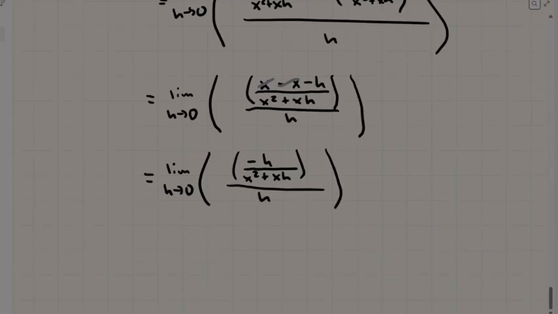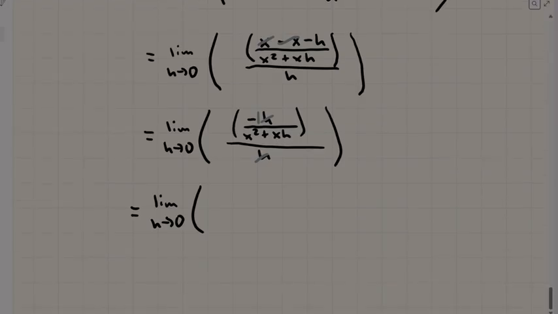And so now since we have the numerator of our numerator divided by this h, that will cancel, and just become a negative 1. So the limit as h approaches 0 of negative 1 over x squared plus xh.